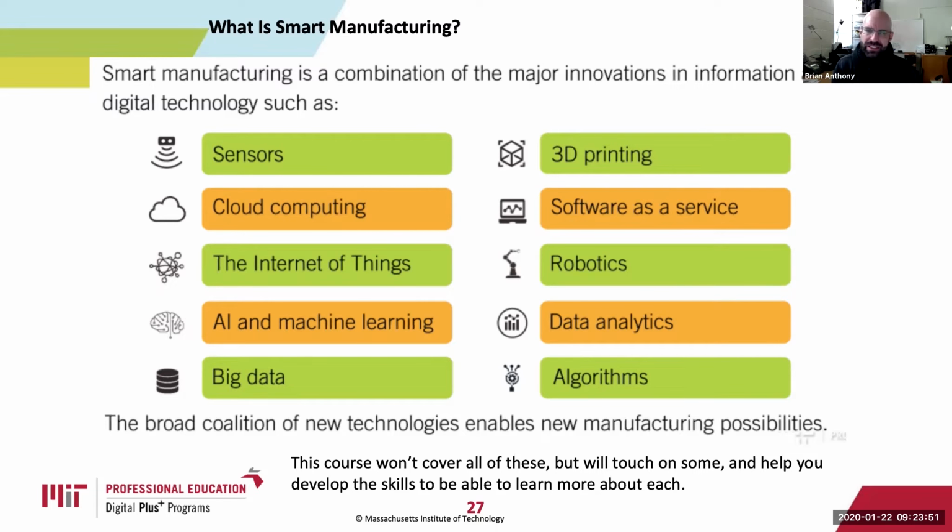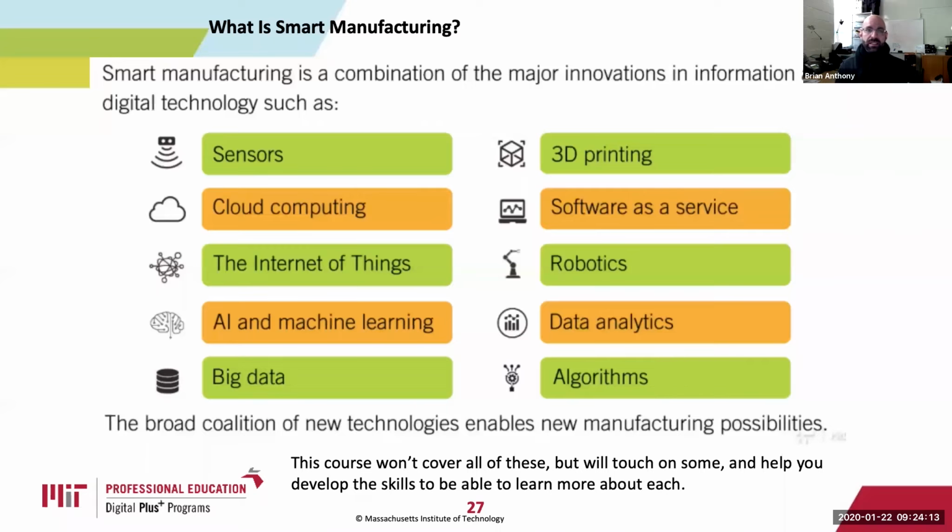But it's sensors, it's cloud computing, somebody else's computer. It's the Internet of Things, the internet connectivity of other things other than our conventional computers. It's AI and machine learning, it's data, big data. It's 3D printing, additive manufacturing, software as a service, robotics, data analytics, algorithms of various sorts, and more.